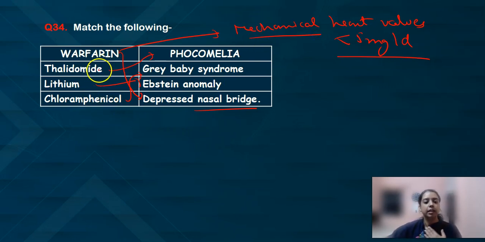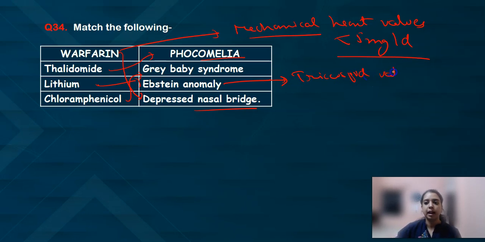Then thalidomide. Thalidomide is a category X drug, extremely not given. It causes dysgenesis of long bone leading to phocomelia. Lithium is again not advised in pregnancy. In early pregnancy, it can give rise to Ebstein anomaly. Ebstein anomaly means there is downward displacement of the tricuspid valve.